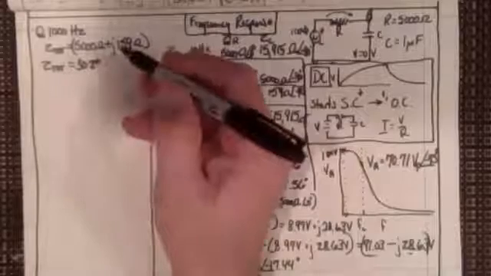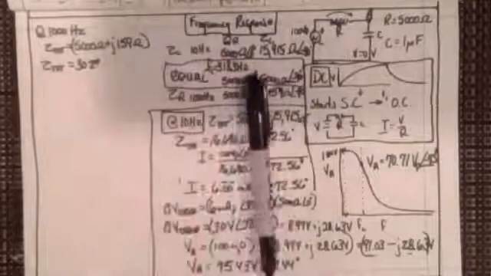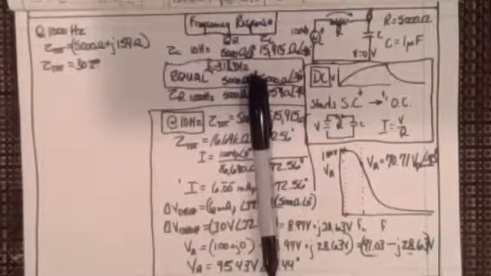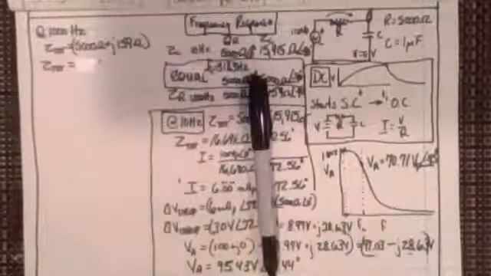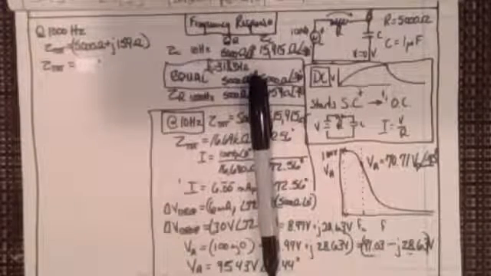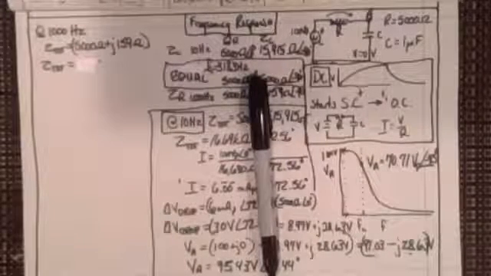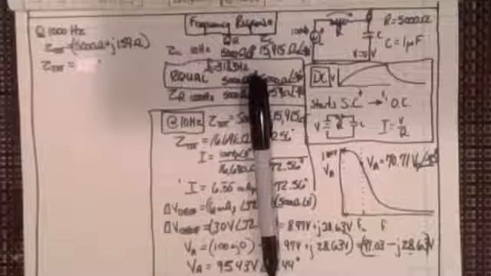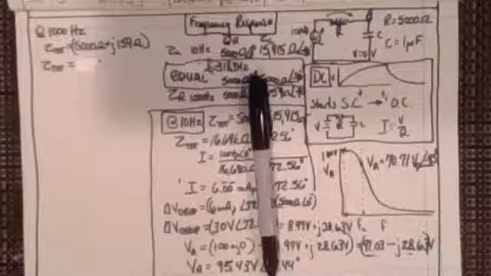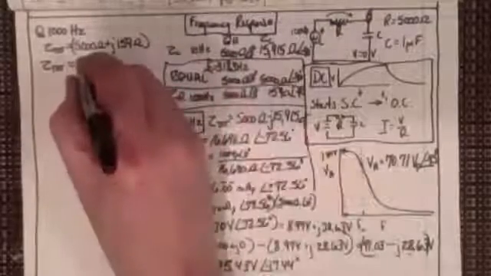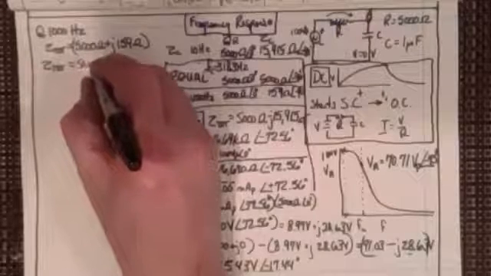Oh wait, what did I do wrong here? Excuse me. Sorry about that. Obviously, I left something in the calculator. Because that is supposed to be around 5,000, right? 5,000 squared plus 159 squared taken to the square root gives me 5,002. That's better.